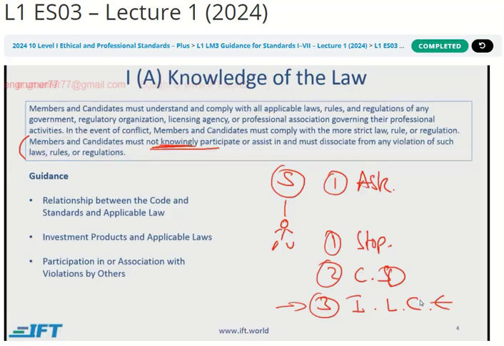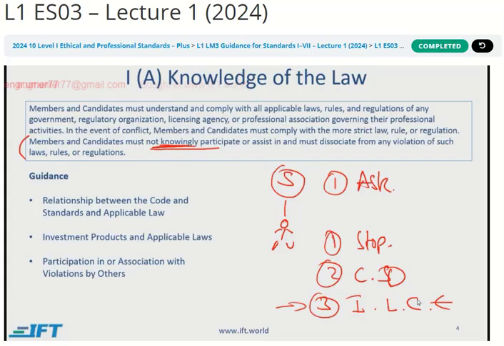Disassociation may involve asking for a different assignment or refusing to accept a new client. If you feel that some activity is taking place with a current client that you are not comfortable with, then you can request that you be removed from that particular client. The extreme case of disassociation is where you resign from the organization.